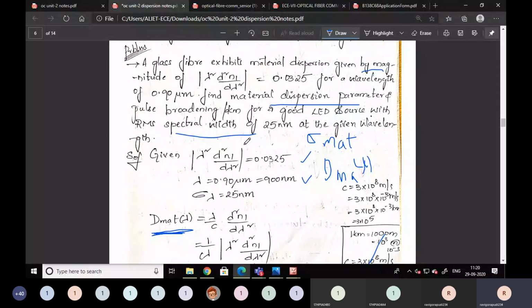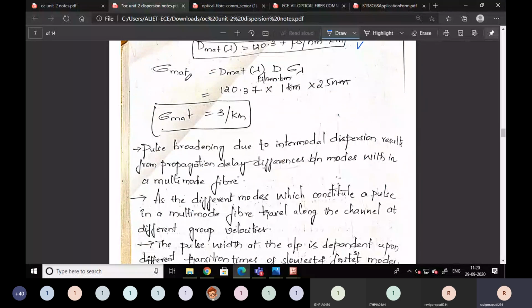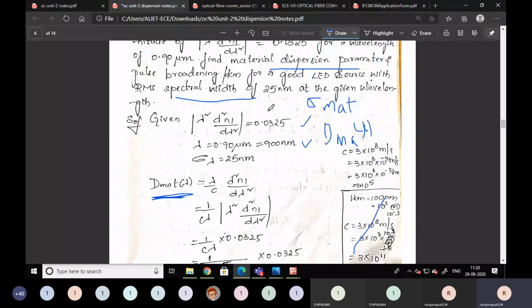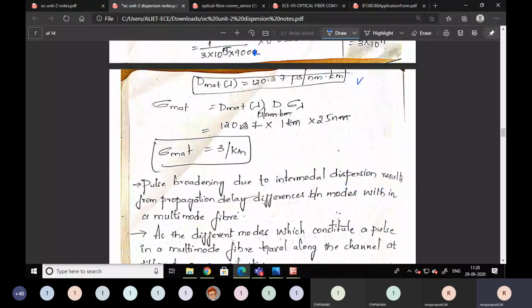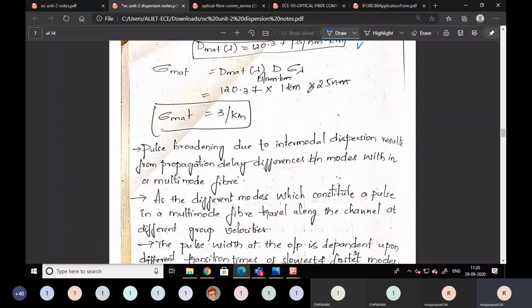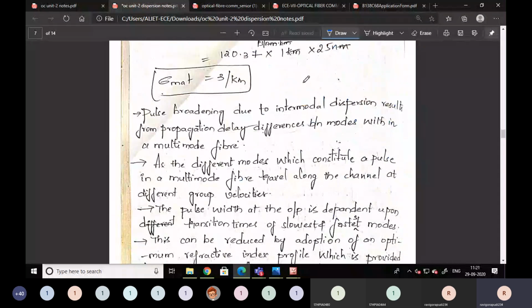Dispersion parameter we calculated. Then go for pulse broadening. Sigma mat is equal to D mat of lambda into D into sigma lambda. D mat of lambda we already calculated as 120.37. D is the distance here. For which distance is it asking? Pulse broadening per kilometer is asked. That's why I'm taking 1 kilometer, into sigma lambda. Spectral width is 25 nanometer.